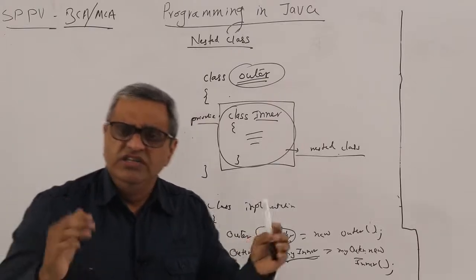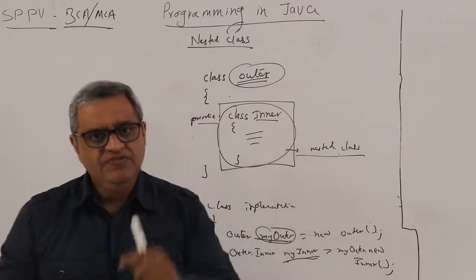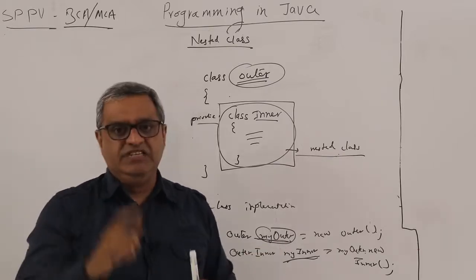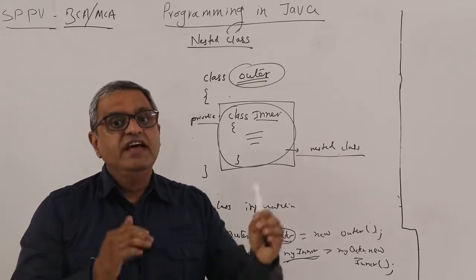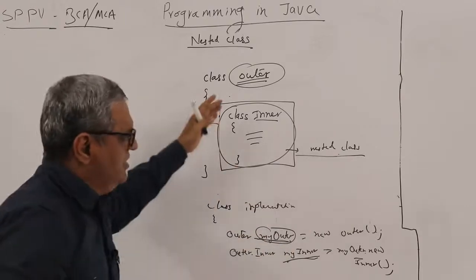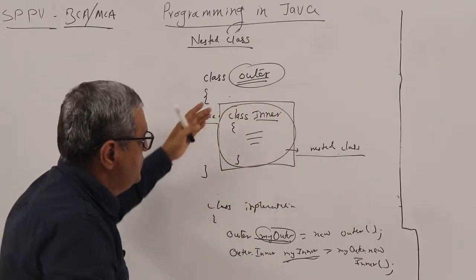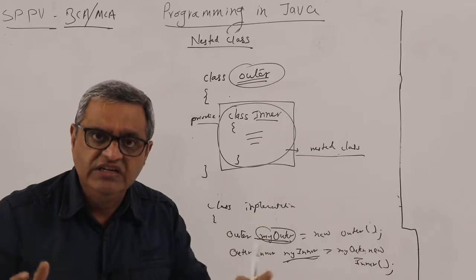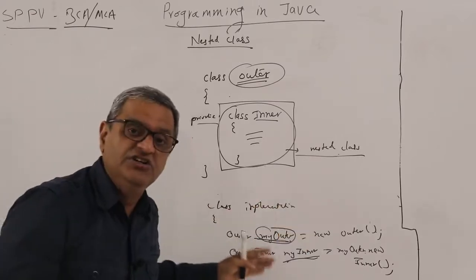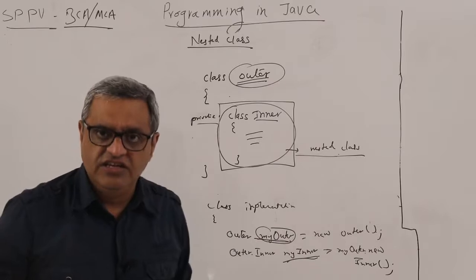These concepts can be well understood with examples. Without wasting much time, I just thought I would introduce you to what an inner class, a nested class is, and how to instantiate an object of a typical inner class.